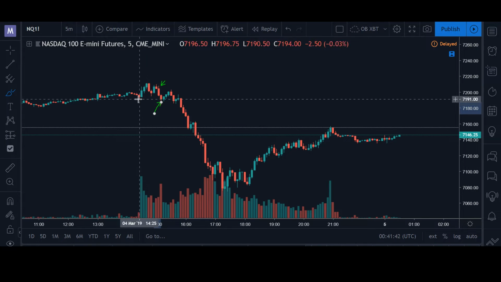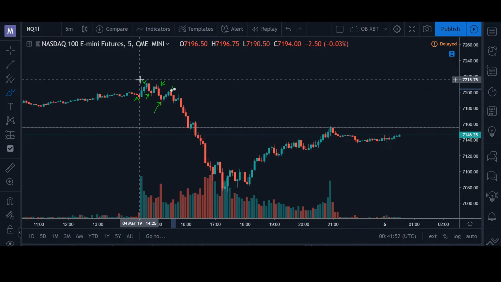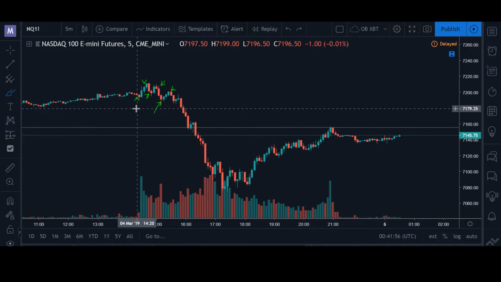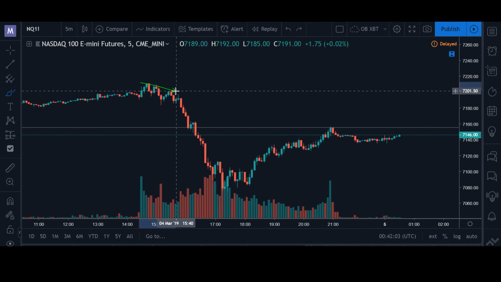So we have low, high, higher low, lower high, lower low, lower high. What that means is that we are in a downtrend. These lower lows and lower highs mean that the trend is officially down.